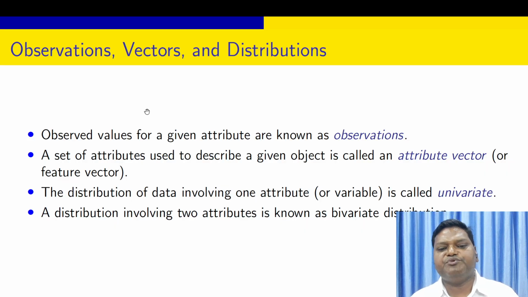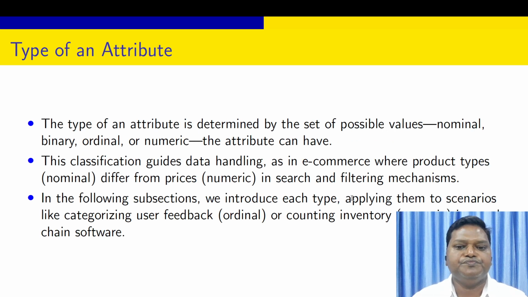When you describe data with only one attribute, which generally will not be the case unless it is a very specific case, we call that type of distribution a univariate distribution. And if you describe any data with two attributes, we call that a bivariate distribution.